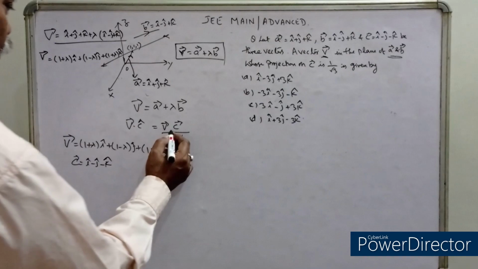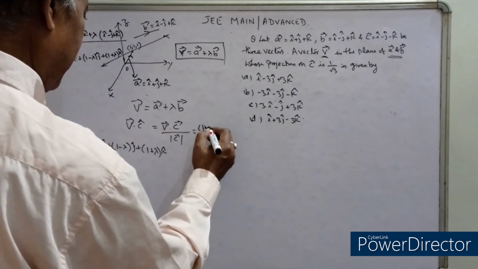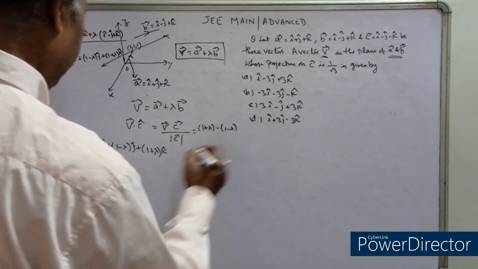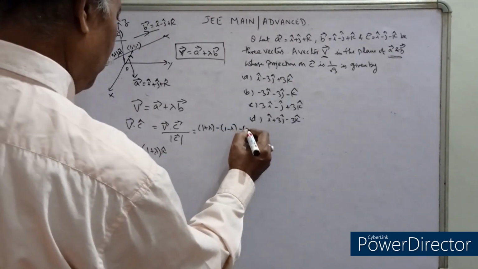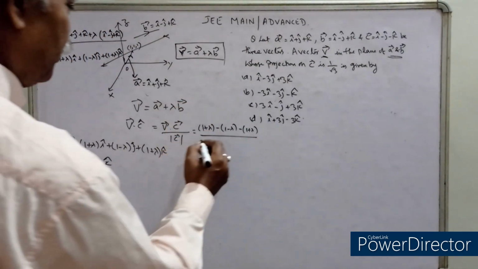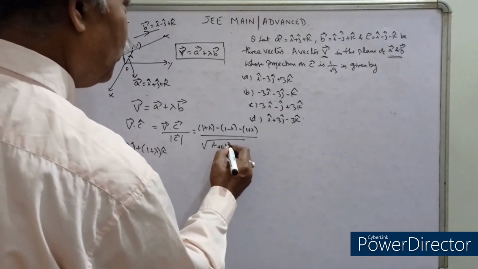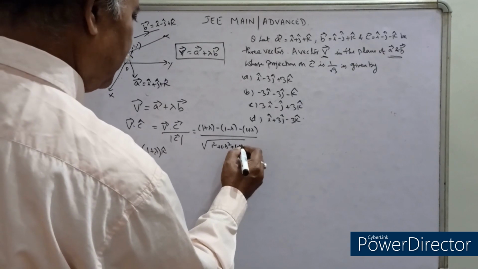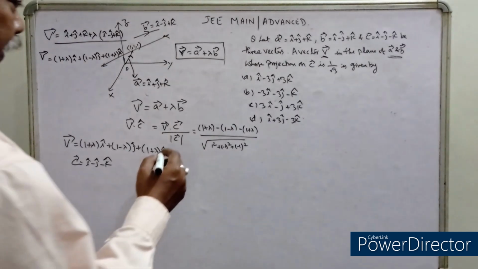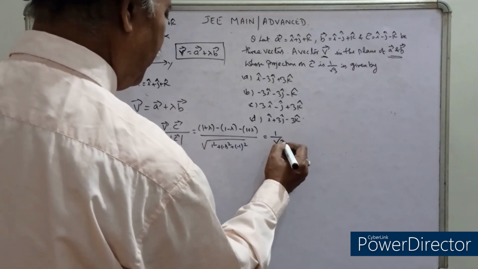So your V vector dot C vector comes out to be (1 plus lambda) minus (1 minus lambda) minus (1 plus lambda), divided by modulus of C vector, that is root over 1 square plus (minus 1) whole square plus (minus 1) whole square. And this projection is given to you, that is equal to 1 by root 3.